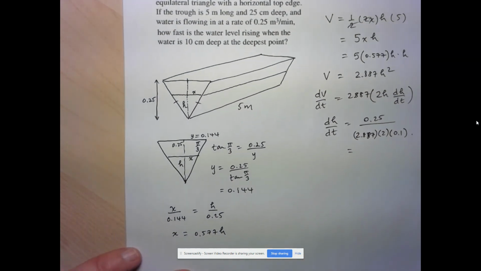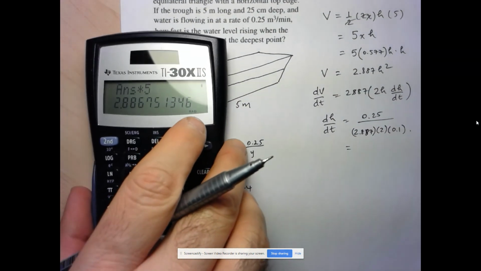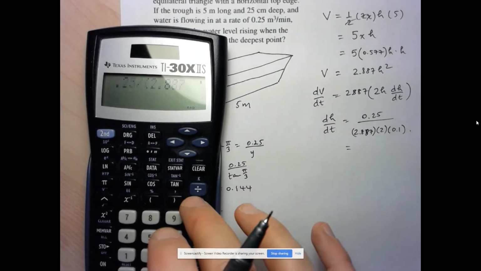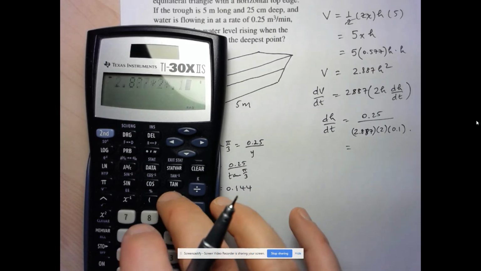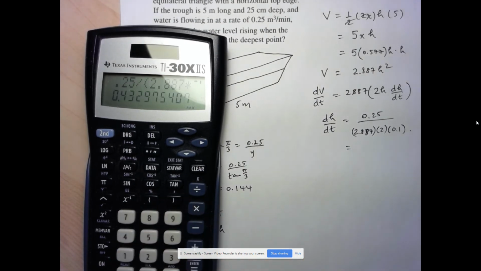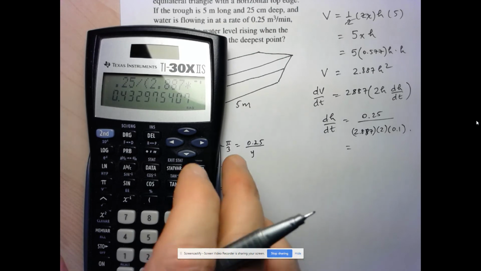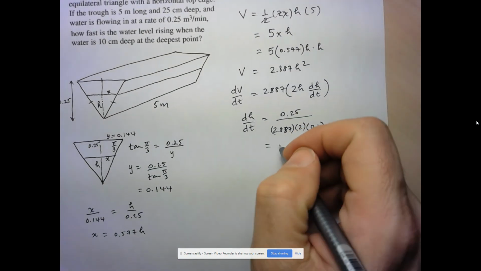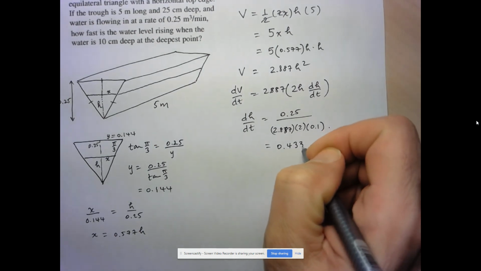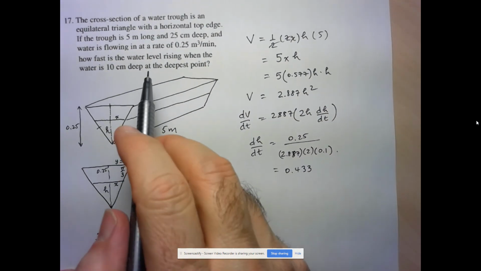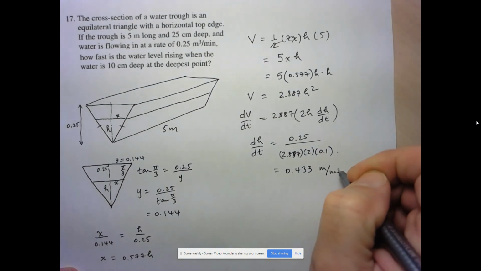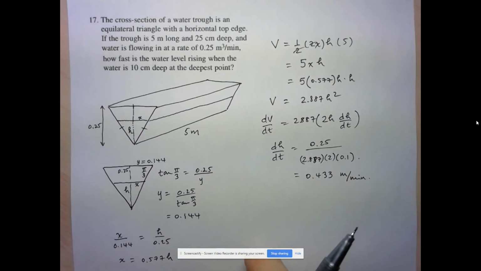Now we can calculate this to get our final answer. So we have 0.25 divided by 2.887 times 2 times 0.1, and that gives us 0.433. Remember that our units are in meters and time in minutes. And there we have it.